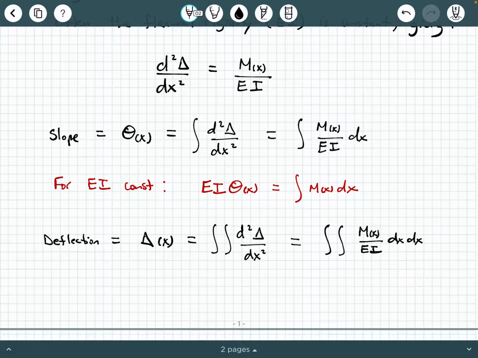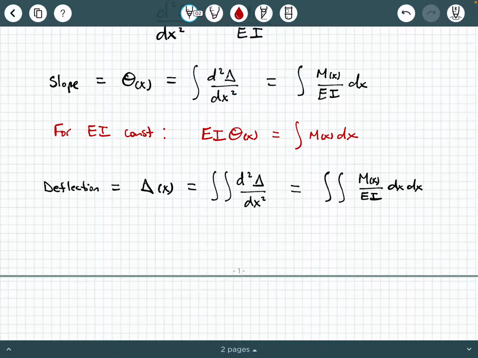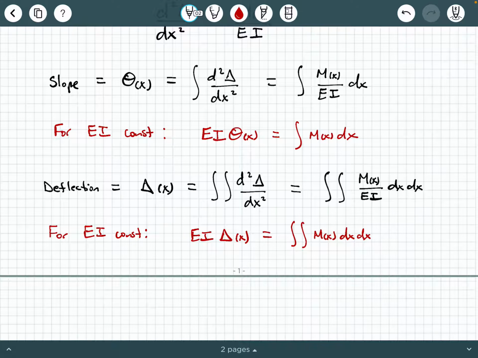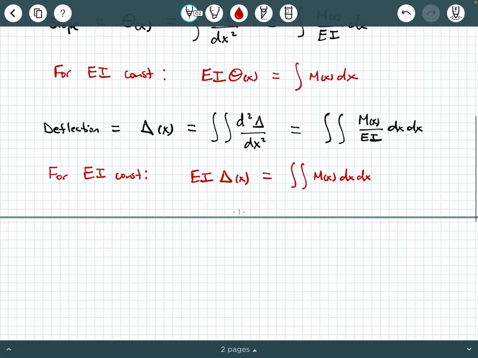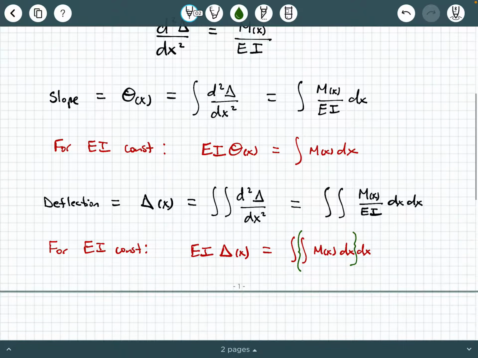Okay, and again, if EI is constant, we can rewrite this as the following. So for EI constant, we've got EI times delta as a function of x equals the double integral of M as a function of x dx dx. Now, you might notice that the interior integral here is already being computed when you compute the slope angle.